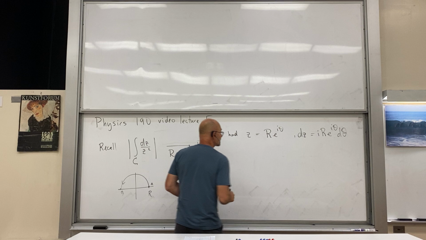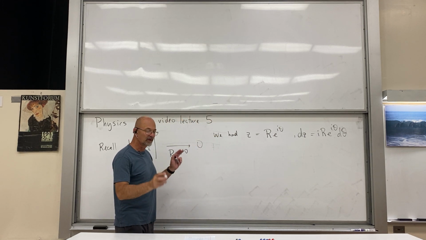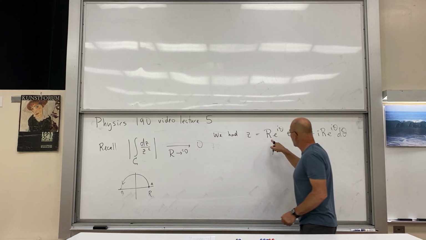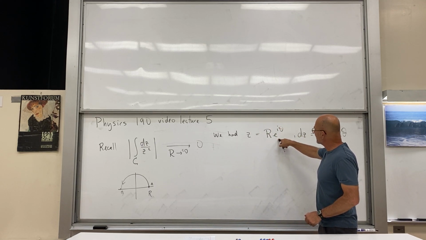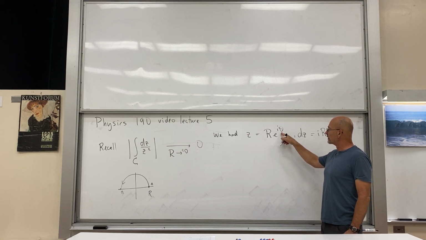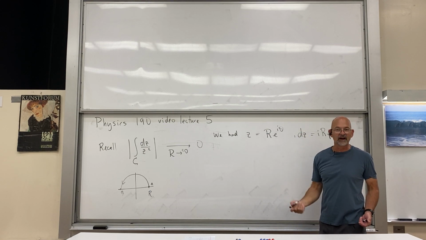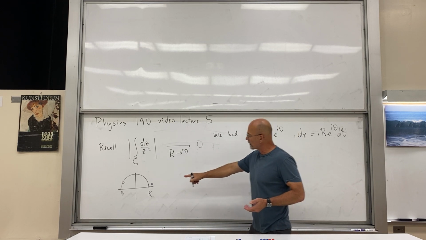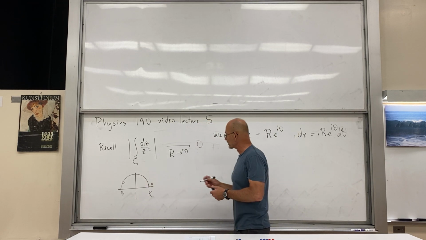Let's look at that geometrically to make sure we understand it completely. r e to the i theta is just a circle in the complex plane. If theta goes from 0 to 2 pi, you go around the entire circle. And with theta from 0 to pi, we have the semicircle.